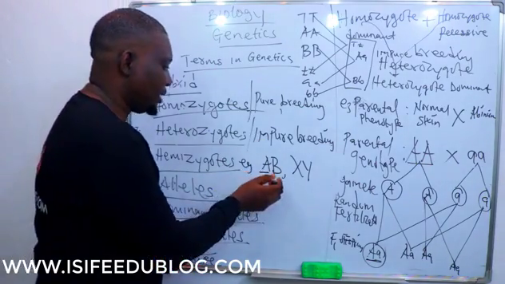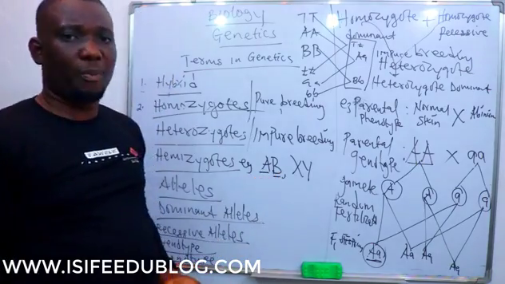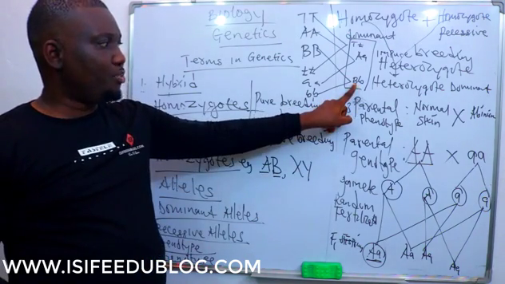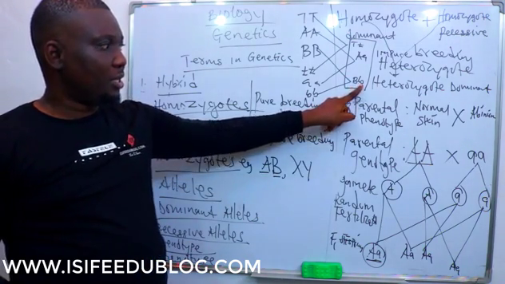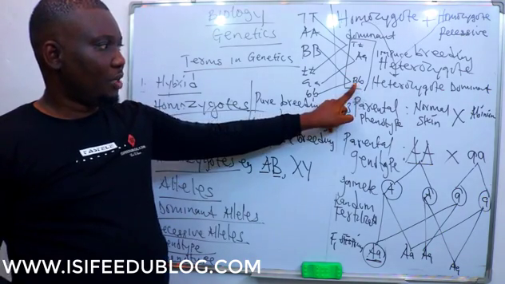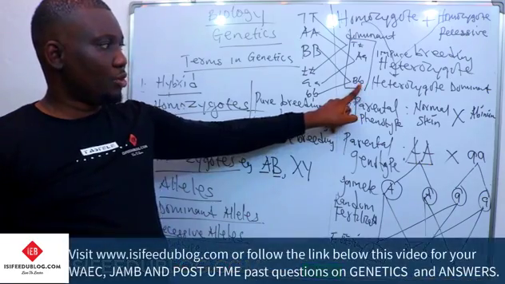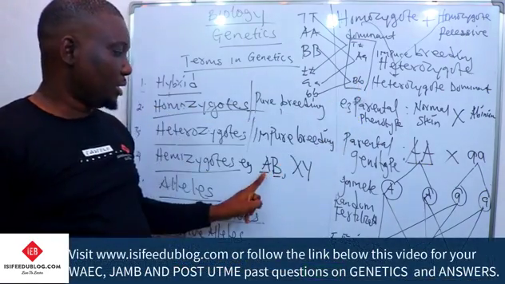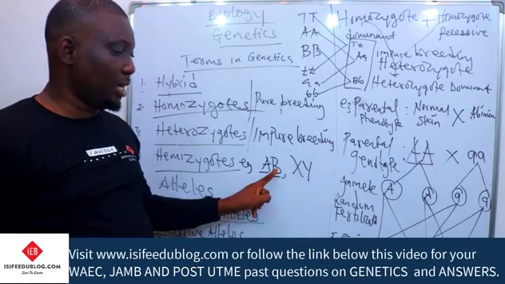Both A and B are dominant. They are codominant. This is not the case where you have B and small b, where capital B is dominant, this is recessive, and therefore everything here goes towards the dominant character. That's not the case with this. Now, this is dominant as well as this is dominant.